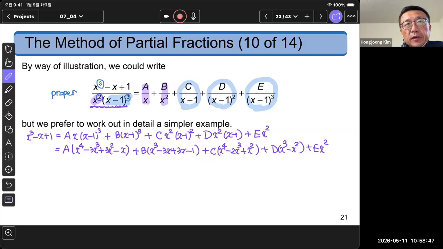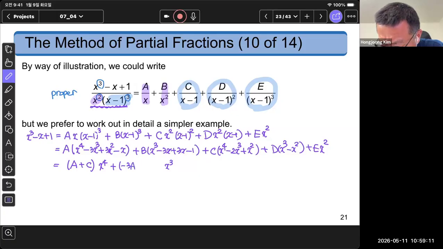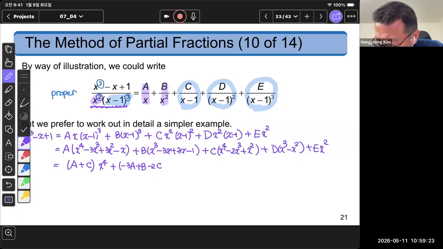Okay, and then if I consider x to the fourth, then the coefficient will be a from the first term and c from the third term. And in case of x cubed, I have negative 3a plus b minus 2c plus d.